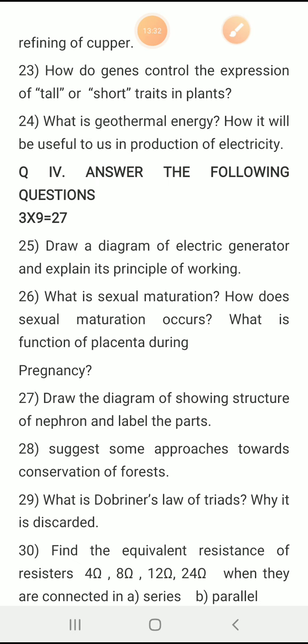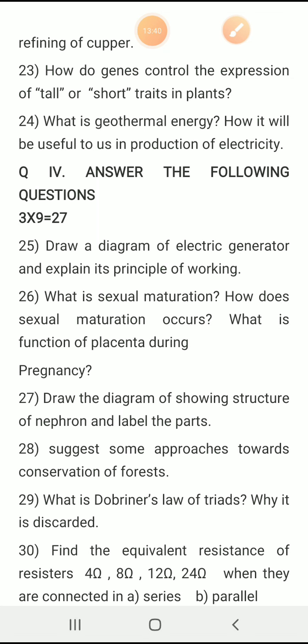Next point will be the last point, which is control of overgrazing and building national parks, sanctuaries, and biosphere reserve. So these are some of the points that you can write to explain the question of 3 mark questions. In that they suggest some approaches toward the conservation of forest.